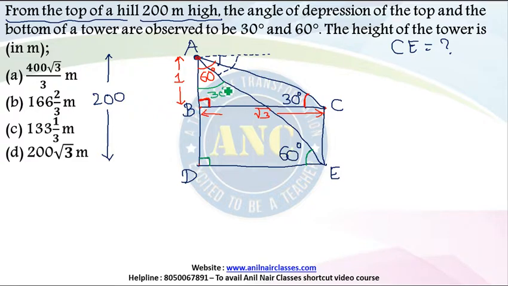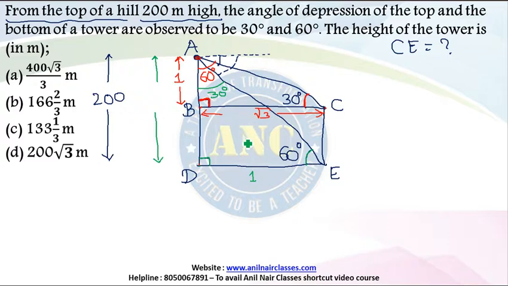Again, I will implement the same methodology or same ideology to solve this particular problem also. Opposite to 30, if it is 1 unit, opposite to 60 will become how much? Opposite to 60 will become root 3. Opposite to 60, the distance is AD, right? AD entirely will become root 3 units.